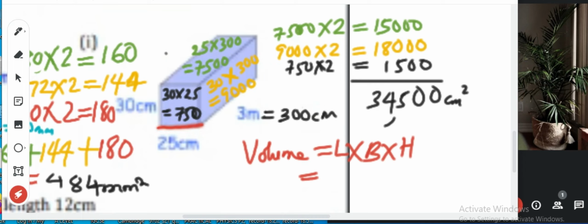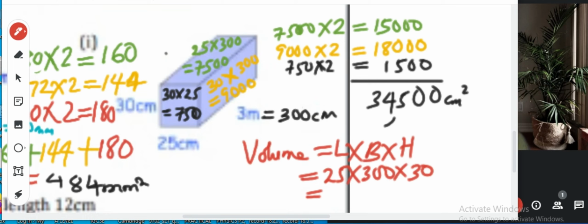So this is 25 times this one, 300, times this one, which is the same thing as this one, 30. So 25 times 300 times 30, this times this times this. So volume is 25 times 300 times 30.